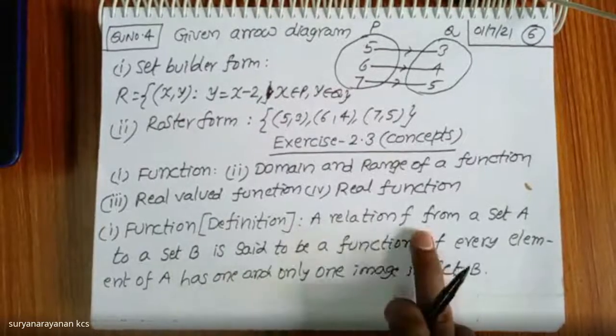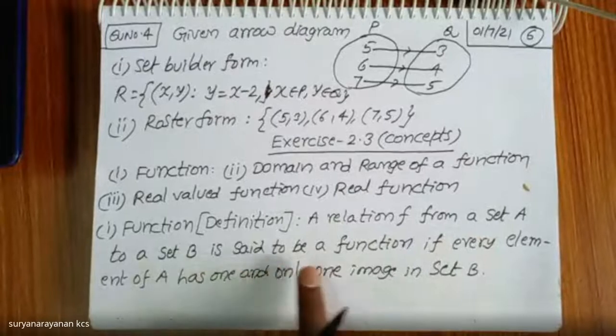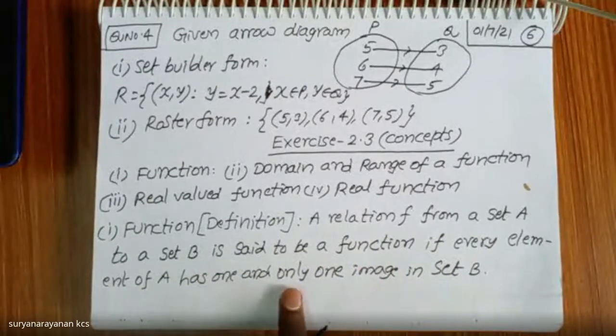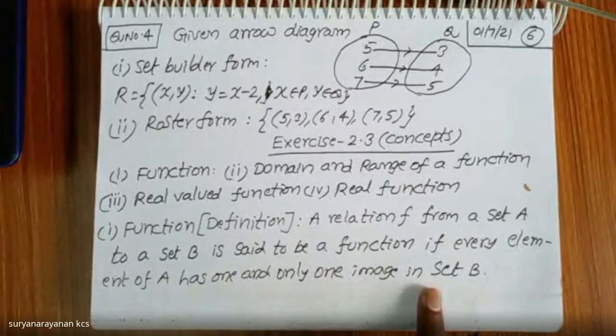A relation F from A to B is said to be a function if every element of A has one and only one image in set B.